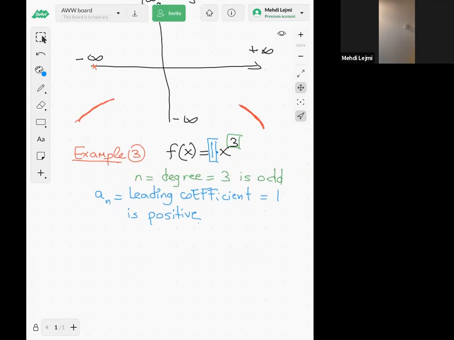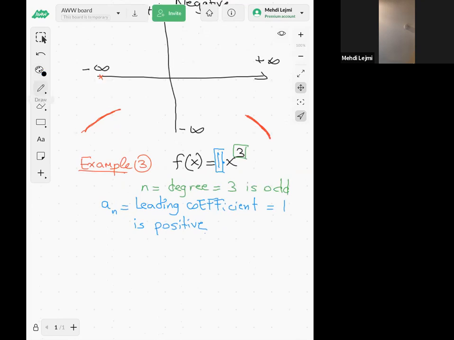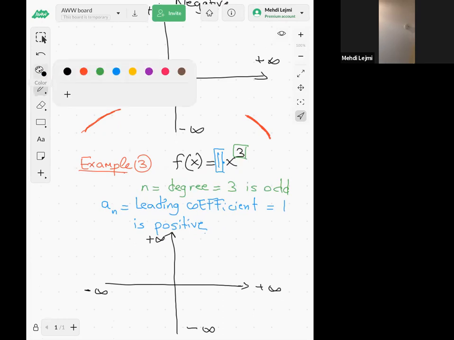Now, what would the graph of x cubed look like? Again, we are interested in the behavior at infinity, right? So this is positive infinity, negative infinity, positive infinity here, negative infinity. If you graph x cubed, the graph is going to be like this. So this is f of x equals x cubed.